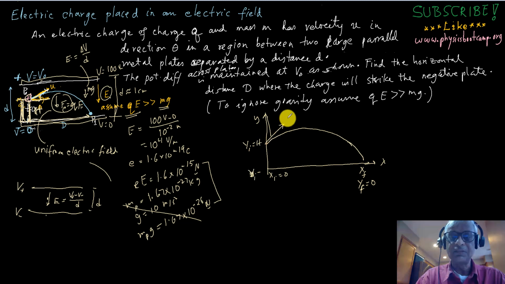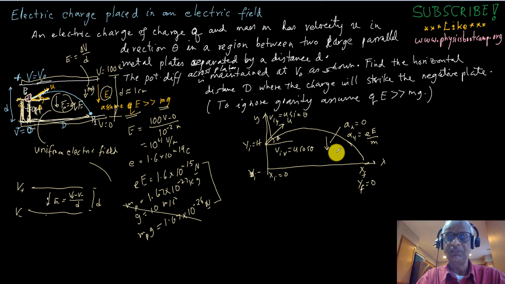Because of u and theta, you have v initial x is u cosine theta, and v initial y is u sine theta, and the acceleration is this way. So acceleration x is 0, and acceleration y is in the opposite direction, minus eE over m.